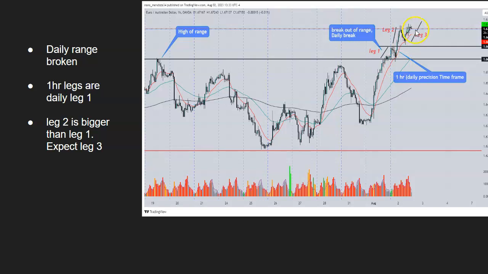The moment that it resolved up above this high, we could start counting legs, which is leg 1, leg 2, and we were trading leg 3.